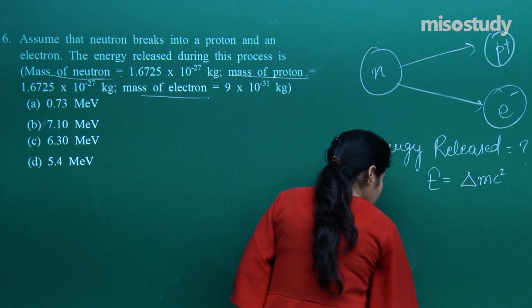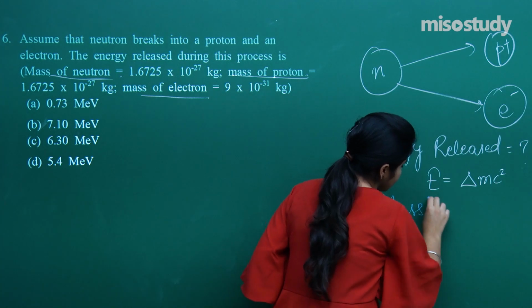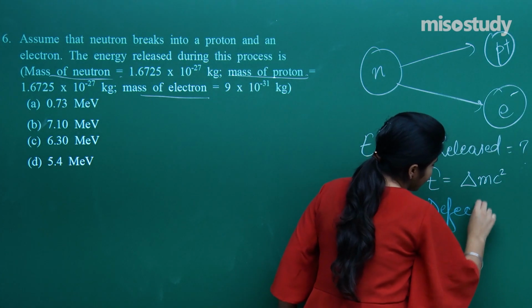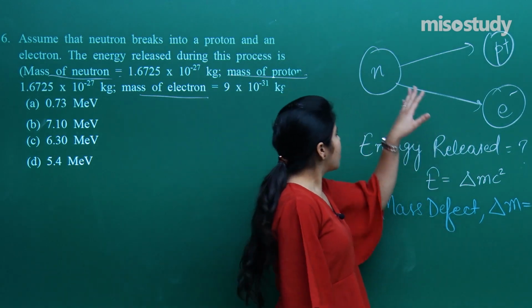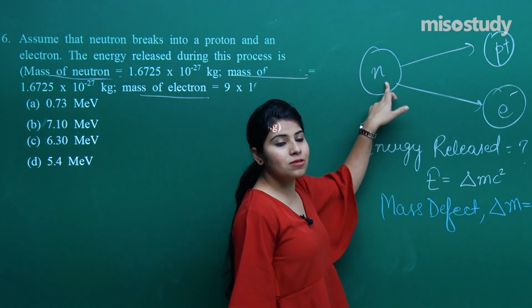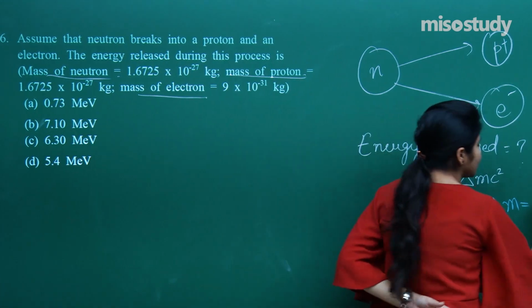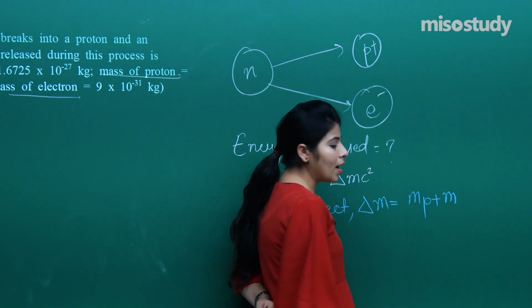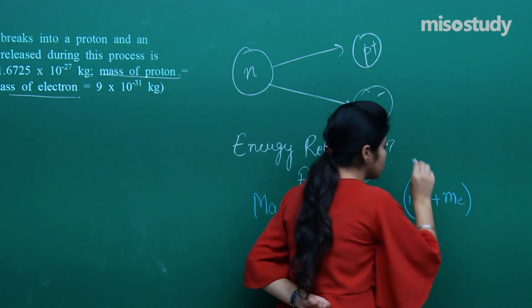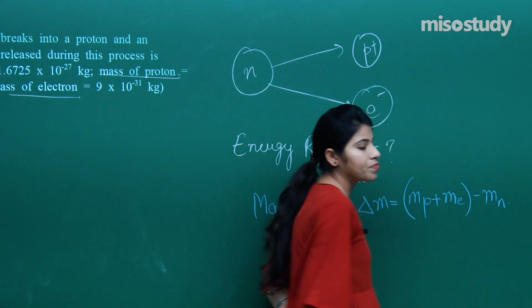Now if you want to find the mass defect, what you are going to do? To find the mass defect, that means delta M, earlier it was a neutron breaking down into proton and electron. So the mass defect will be Mp, that means mass of proton, plus mass of electron minus mass of neutron.